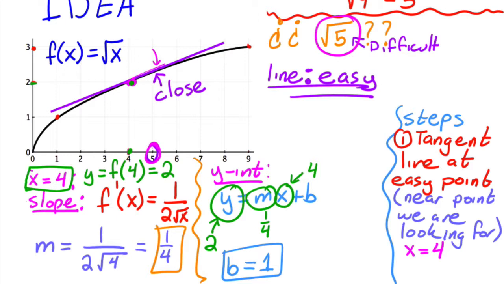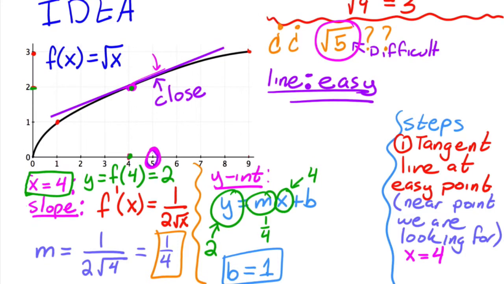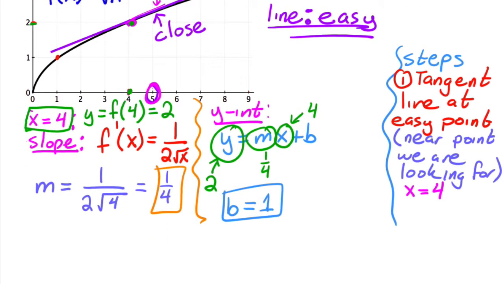So now we write down the equation of the line. My line is that purple line that I just drew right here. The equation of that is y equals 1/4 x plus 1.